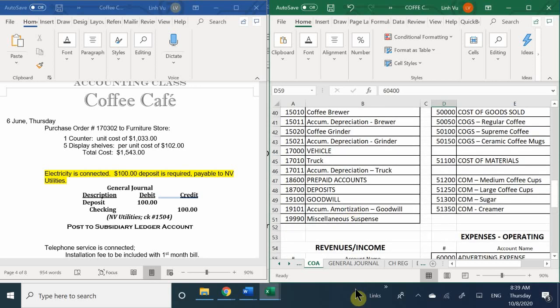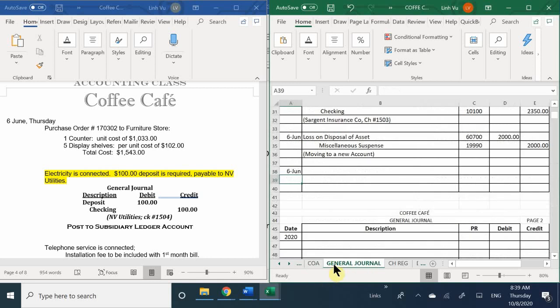Oh, there, 18,700? 18,700 is my deposits. Good. Okay, so I think you're 2 seconds behind, which is fine. Okay, so we do have deposits, all right, and we're gonna write a check.